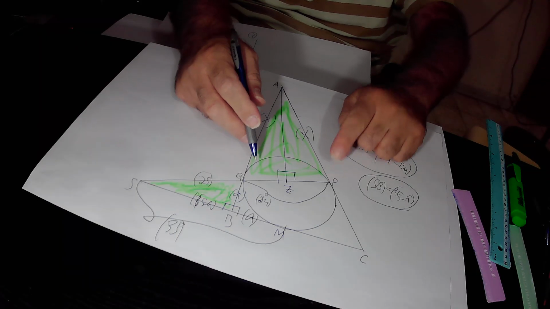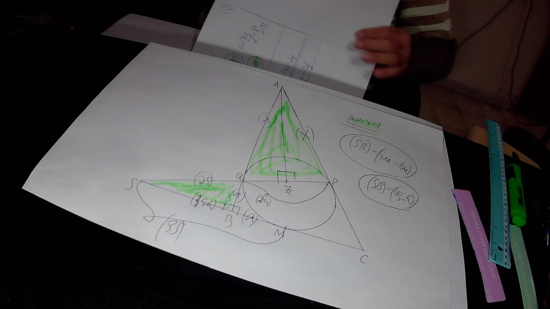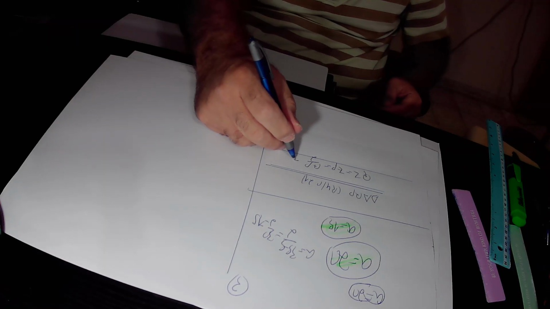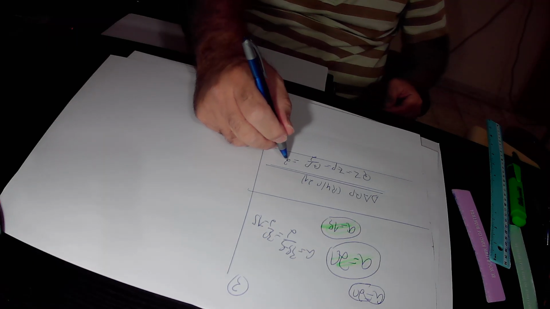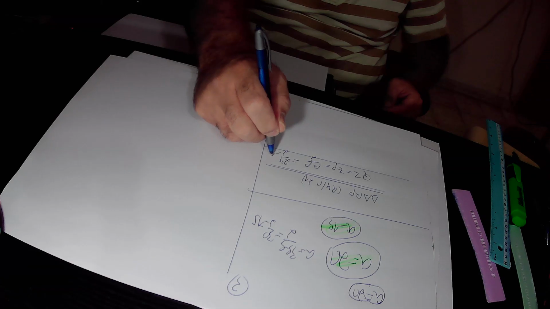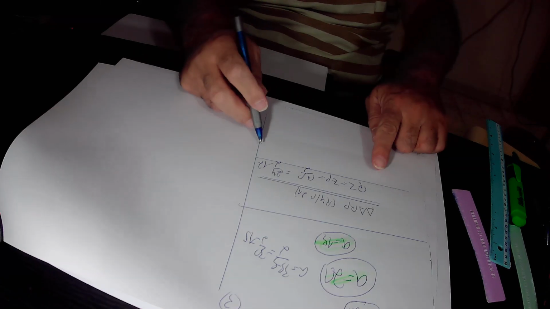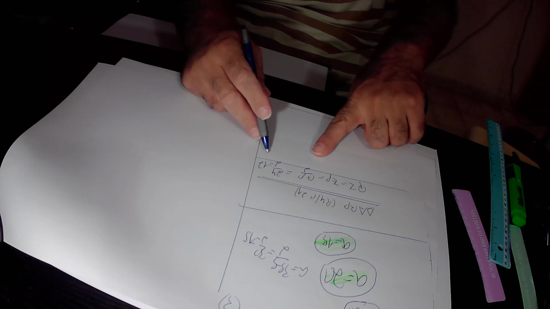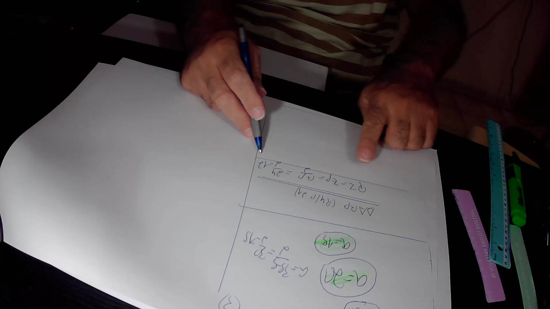QP is 24. So therefore QP over 2 is 24 over 2, that is 12. And for this long equation, QZ equals ZP equals QP over 2 equals 24 over 2 equals 12.